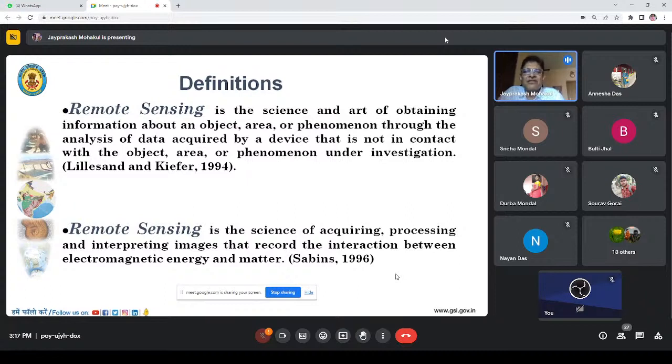It's also known as the science and art of remote sensing. Can you tell me why it is known as science and art? Science is something which can be programmed. You have a couple of assumptions and make a theory, and eventually you come out with a result, right? But art is not exactly that. A scientific experiment can be replicated with a set of assumptions.